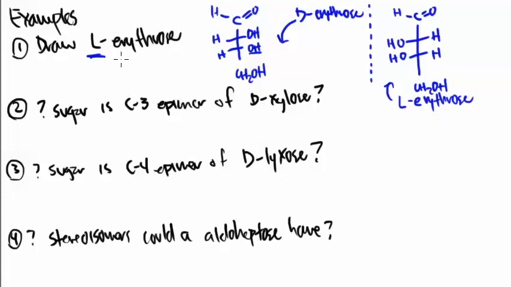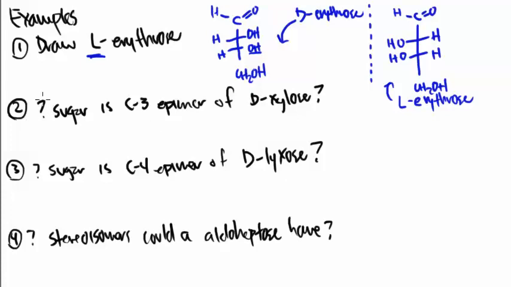If you only flip the last one, then you change the structure of the sugar itself. And in this case, it will not be erythrose anymore. It will be threose if that's the only one that you flip. So all of them have to be flipped around. Don't forget it. Don't lose out on those simple points.